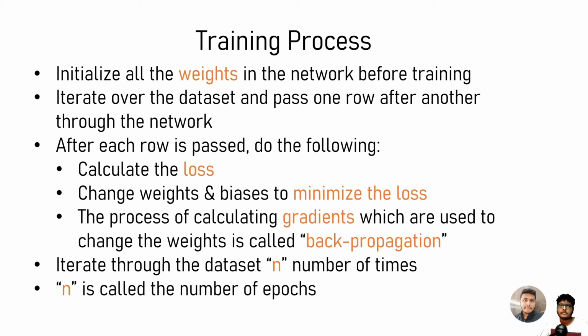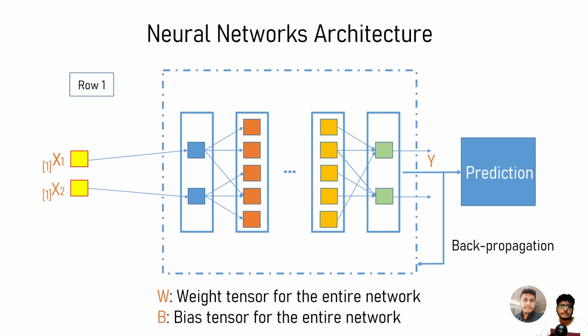So now let's take one row at a time and see visually how it all really happens. This is again the neural network architecture. Initially, just for simplicity, say for this entire neural network we have a weight tensor, which is a multi-dimensional array. In this multi-dimensional array, for each of these edges, whatever the weight values are, everything is represented, right?